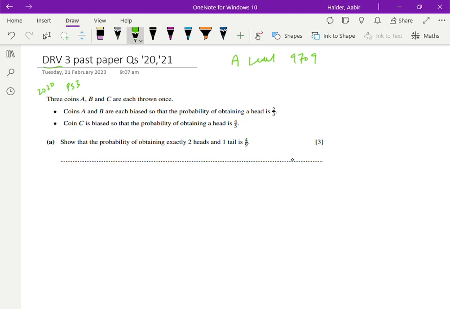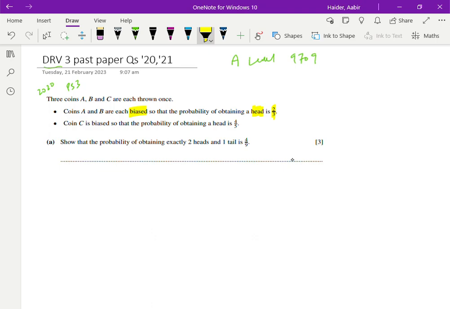Okay, so three coins A, B, and C are each thrown once. Coins A, B are each biased so that the probability of each obtaining a head is 2 by 3. And a biased coin is such that it is unfair. It doesn't give equal probability for the different outcomes.